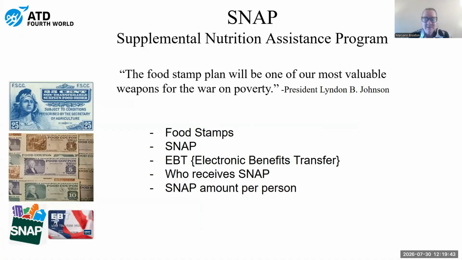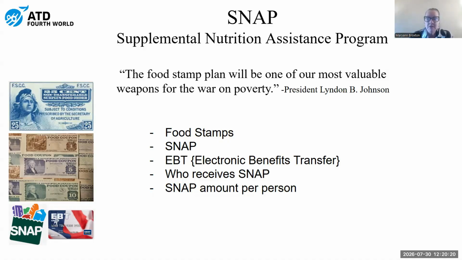So now we're going to talk a little bit about SNAP. The food stamp program originated during the Great Depression as a way to support farmers who couldn't sell their crops during economic collapse. When the practice of paying farmers to destroy their crops and livestock enraged a hungry populace, you can see why, and directly purchasing and distributing food began to hurt struggling business owners, the Federal Surplus Commodities Corporation, or the FSCC, devised a plan of food stamps.